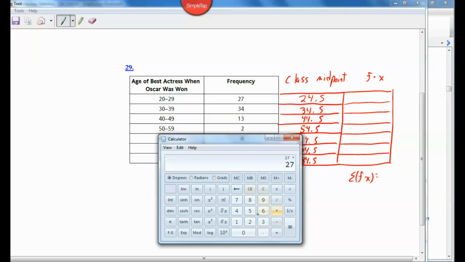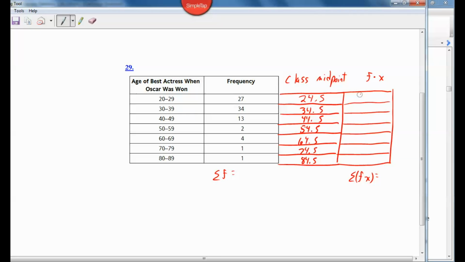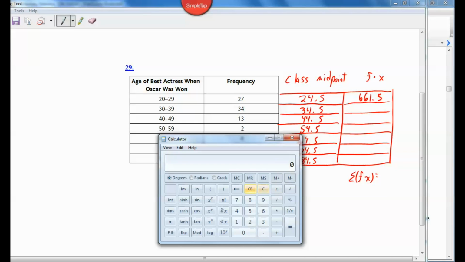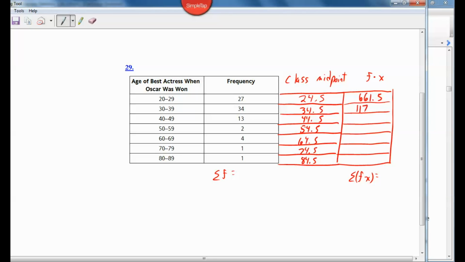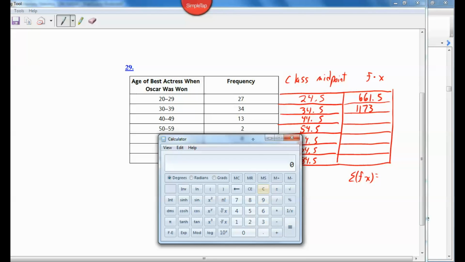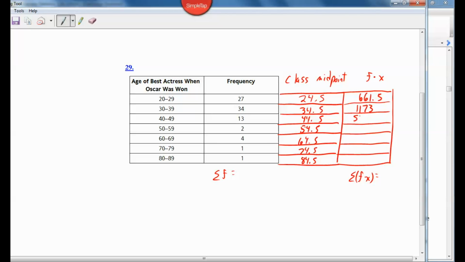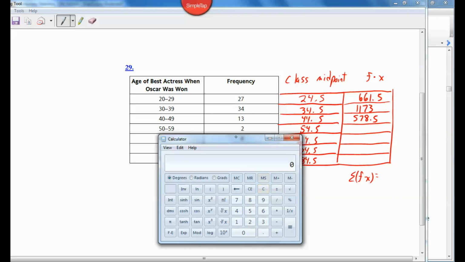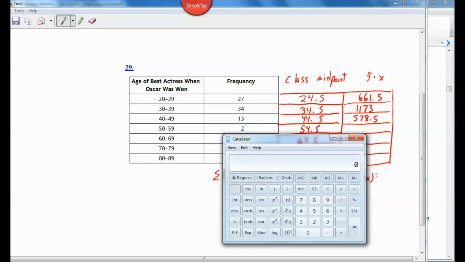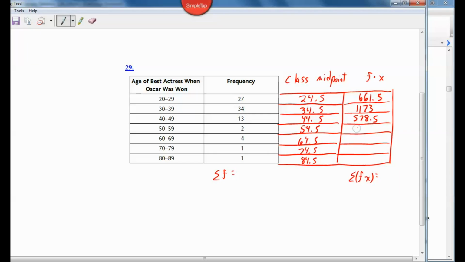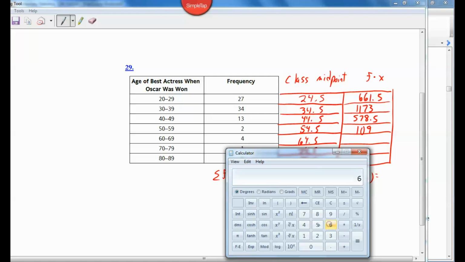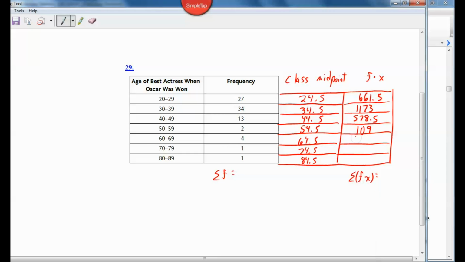So 27 times 24.5, 661.5. 34 times 34.5, 1173. 44.5 times 13, 578.5. 54.5 times 2, that's going to be 109. 64.5 times 4, 258. And these others you just multiply times 1, so let's copy those two down.